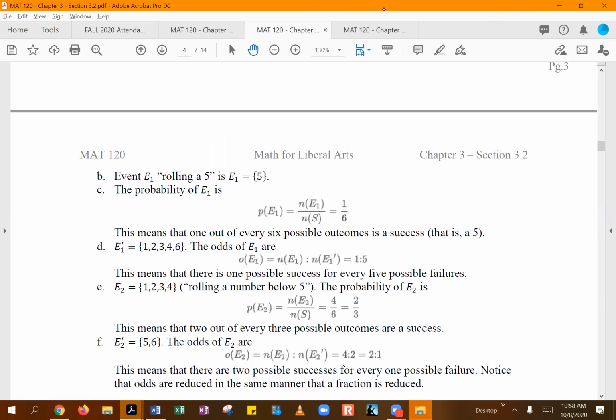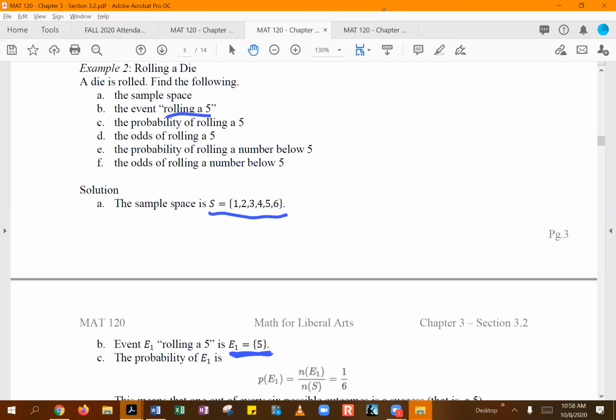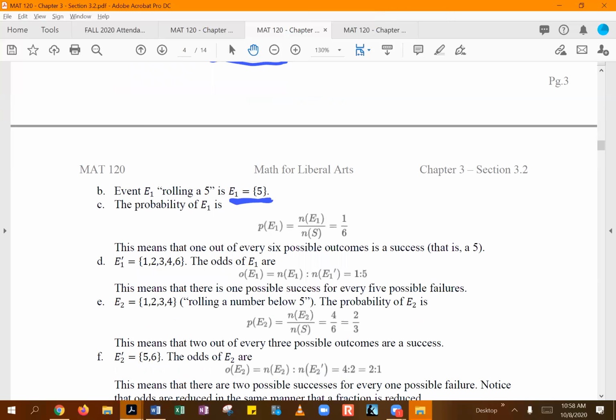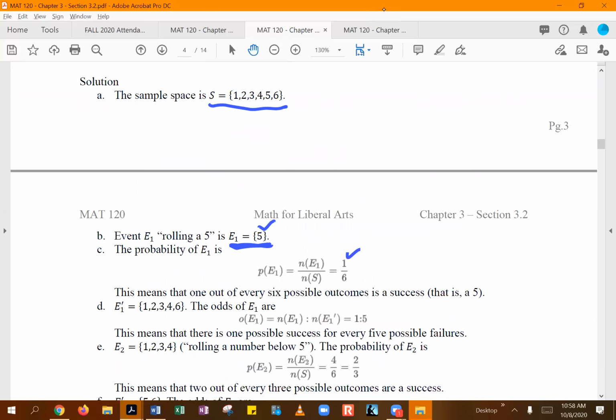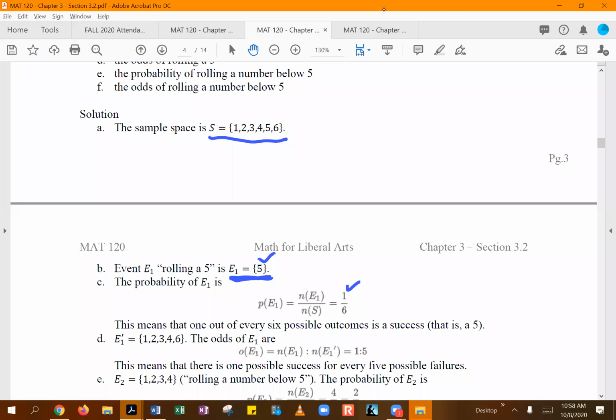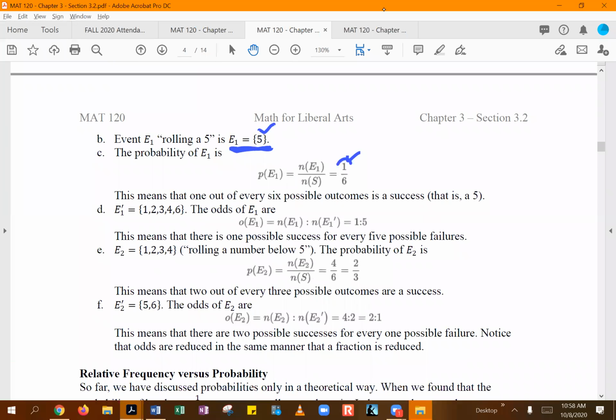Of course, if we're talking about the event rolling a 5, that means your subset E1 is going to equal the number 5. Now the probability of this event of rolling a 5, well, there's one outcome in E sub 1, so that's going to be 1. There's a total of 6 in our sample space, so you can see that's a probability of 1/6.